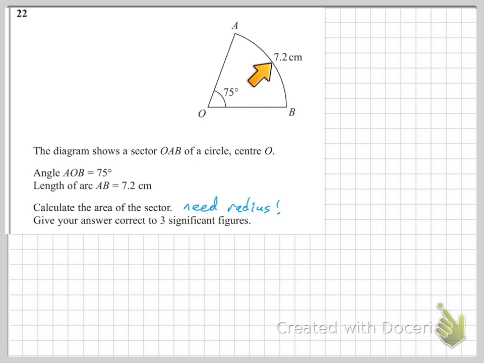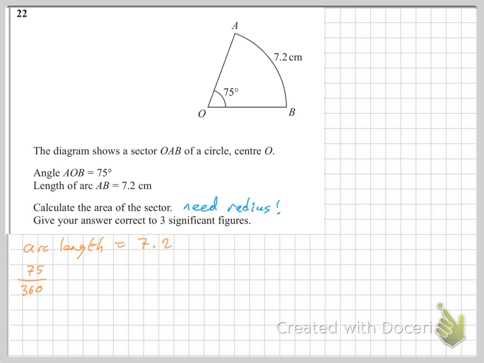The 7.2 is the key. That's got nothing to do with the area really, not directly anyway. But it will help us work out the radius, because there's a link between this 75 and this 7.2. And there's a formula for arc length. You go, how much of the circle have you got? Well, we've got 75 360ths of the circle, and it's the circumference we're interested in.